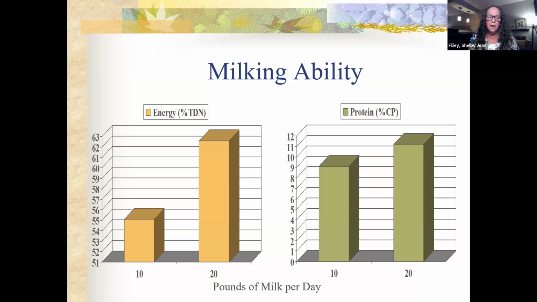But if you're in Western Oregon where there's plenty of grass, then 20 pounds of milk per day is a good goal. Of course, more milk for the calf should give you larger weaning weights.